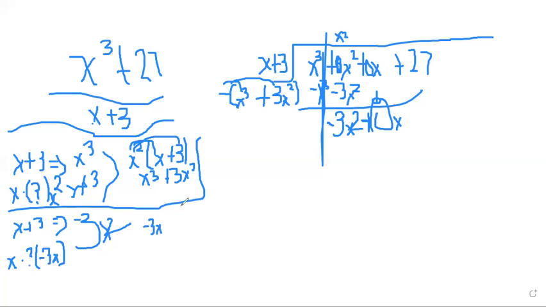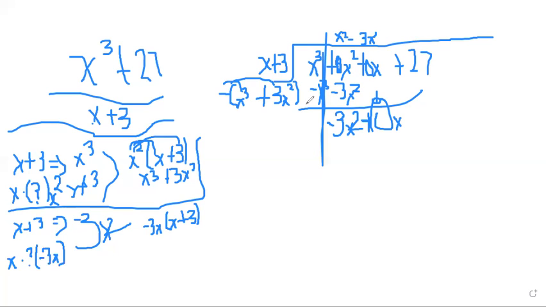So with a negative 3x, I will multiply that by the divisor of x plus 3. So that is what will go in my quotient, negative 3x.